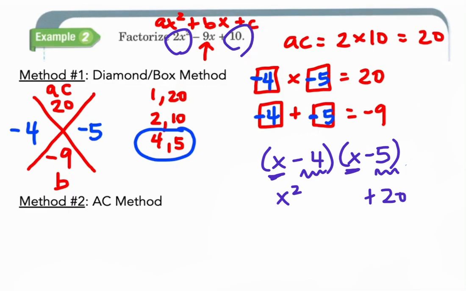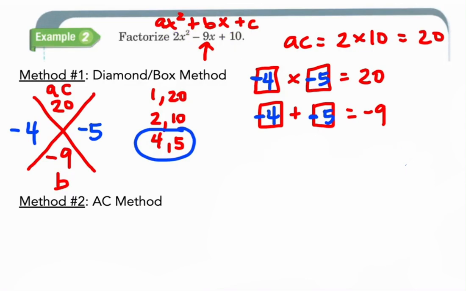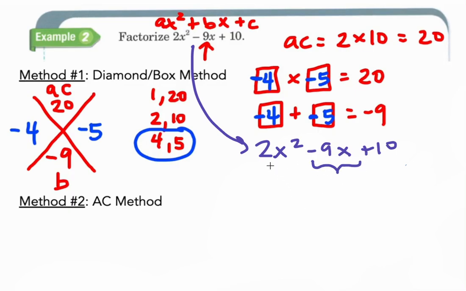So what we actually are going to do with those numbers is rewrite the original equation. So instead of 2x squared minus 9x plus 10, we are rewriting that middle term into 2x squared minus 4x minus 5x plus 10.